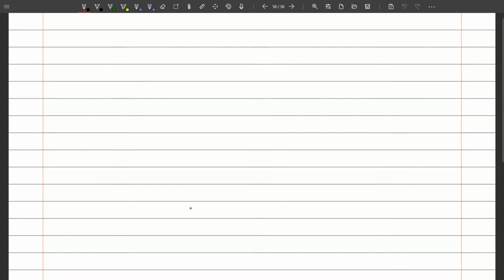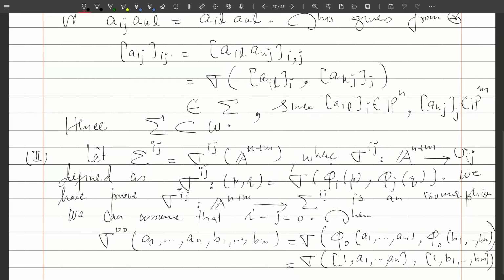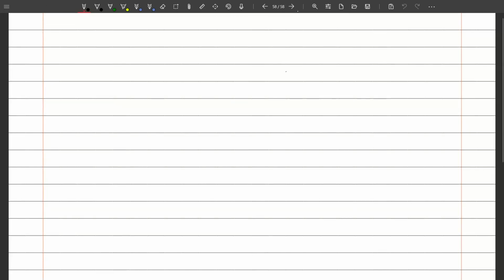So what we do, we have to take the product of these 2 points. So this will give us a vector in m plus 1 times n plus 1 minus 1 coordinates, because the product of 1 and 1 gives 1.